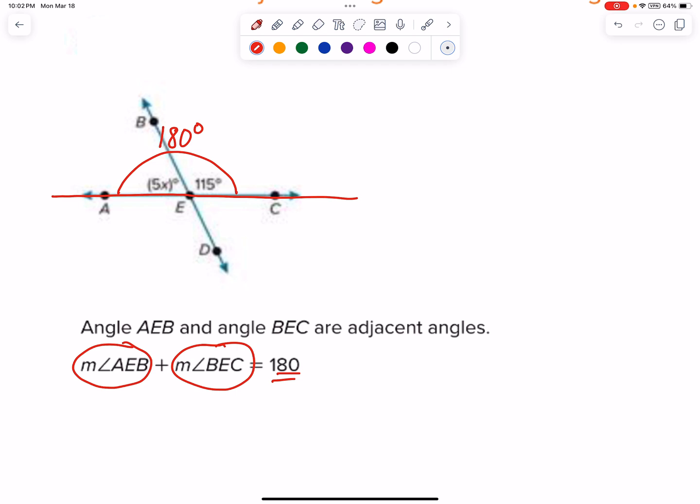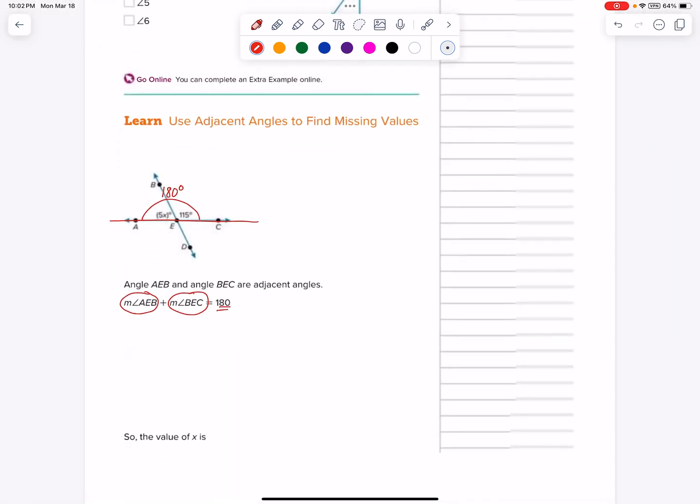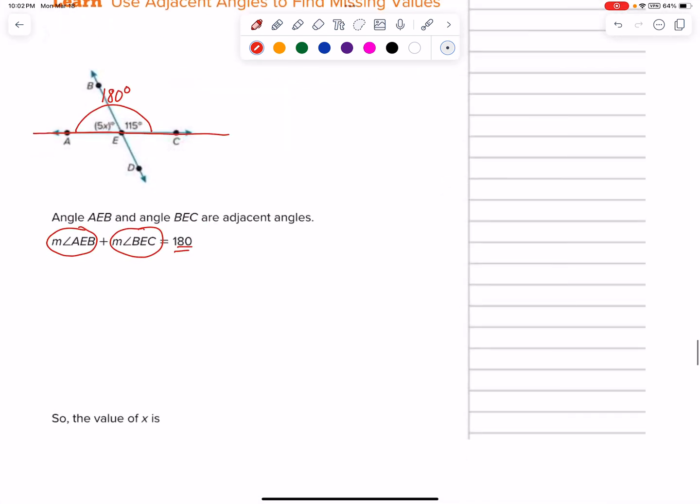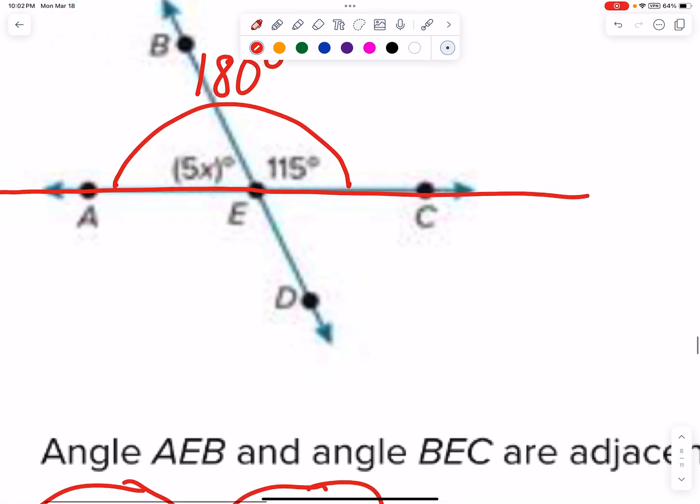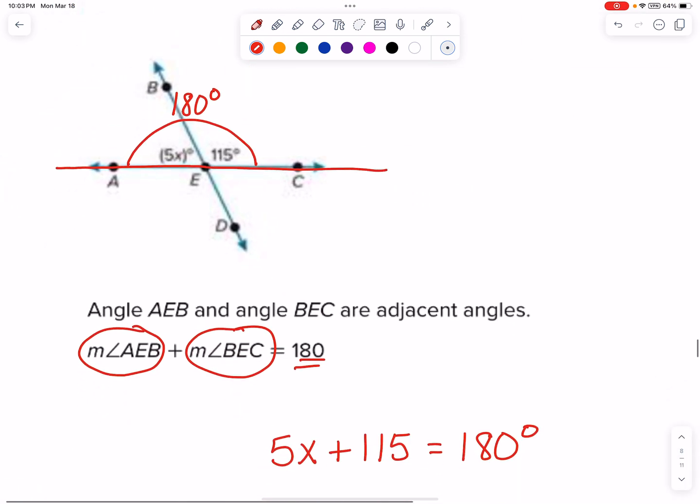So if you know that, then we can create an equation, right? So let's go ahead and create that down here. So we know that 5x plus 115, what does that have to equal? Well, the whole thing has to equal 180 degrees because those 2 adjacent angles create a straight line.